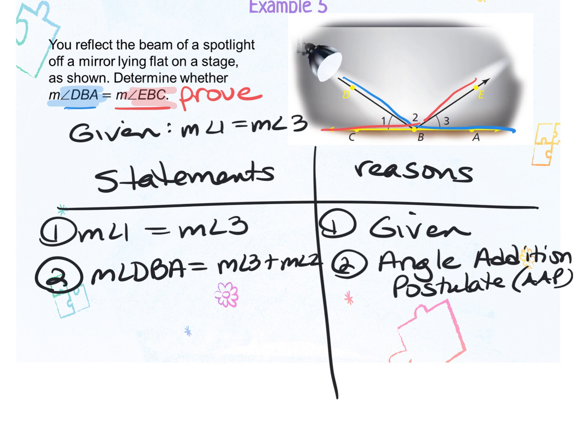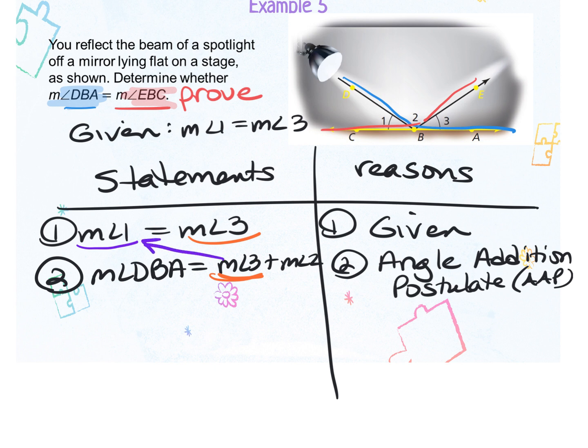Next, what I'm going to do is substitution, the property we just learned. Because if you remember, up here, the measure of angle 1 equals the measure of angle 3. So I'm going to take out 3 and I'm going to replace it with angle 1.